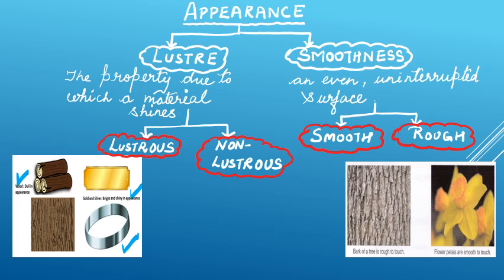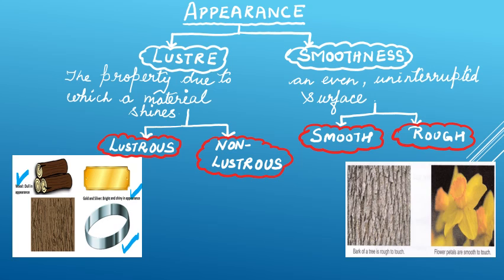They need to be polished on time and they regain their lustrous property again. Thus we can say that lustrous materials are those having shine on their surface.